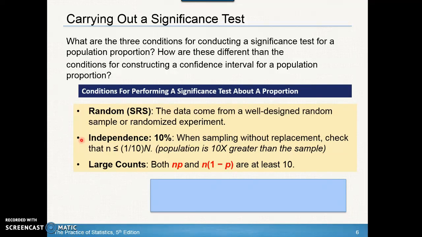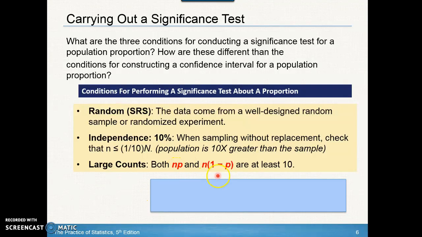And this is the hardest part here, because this is the one that changes between means and proportions: the large counts condition. Both np and n times 1 minus p have to be at least 10. So remember that's that balancing point that makes your curve approximately normal. Since we're using z-scores, we have to have a normal curve. Now notice here, this is using the population proportion, not the sample proportion, because the large counts condition is about the population, not that specific sample.